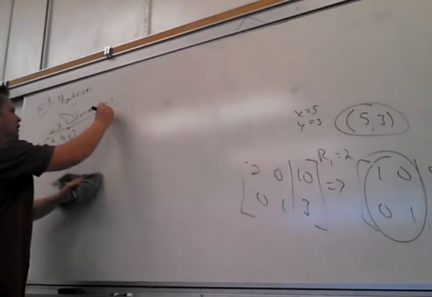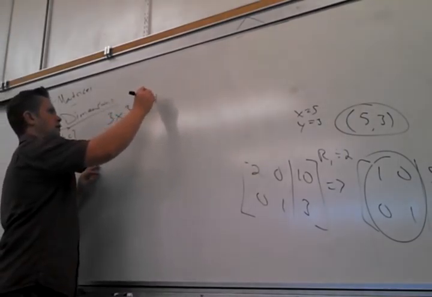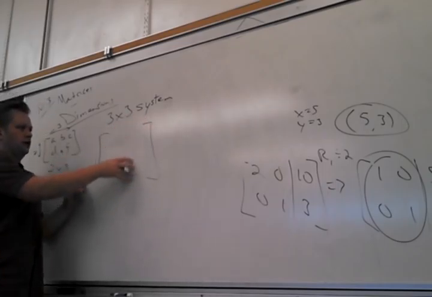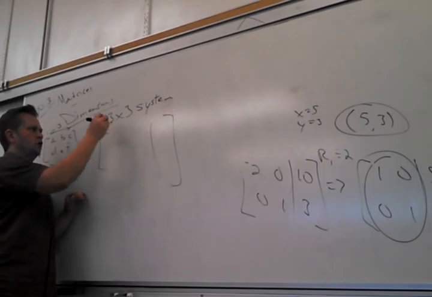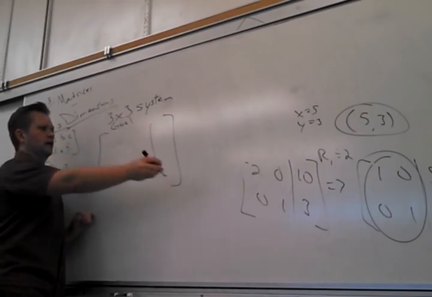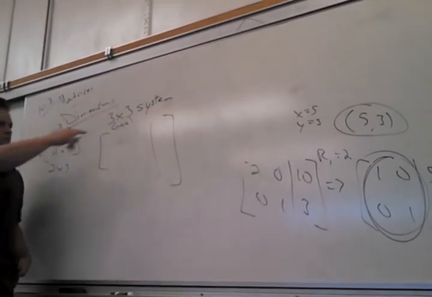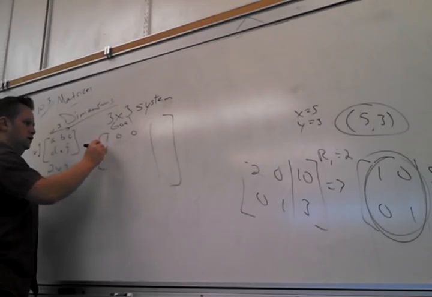So if I have a 3 by 3 system, what's my goal for the non-answer part? My goal here was to get to 1, 0, 0, 1. What's my goal in a 3 by 3 system?